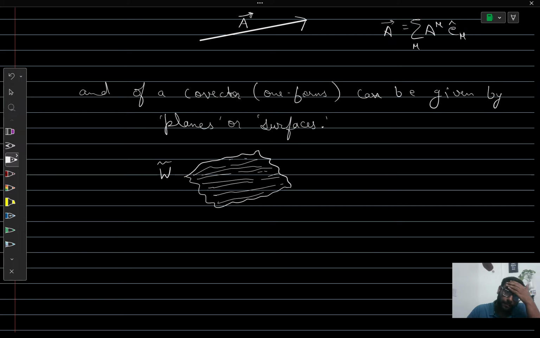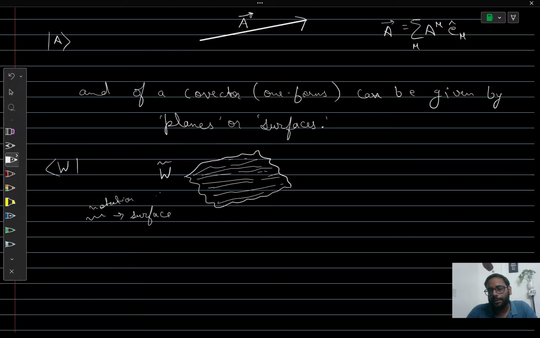Abstractly you can of course write this in a different way, because this notation is actually for a surface.